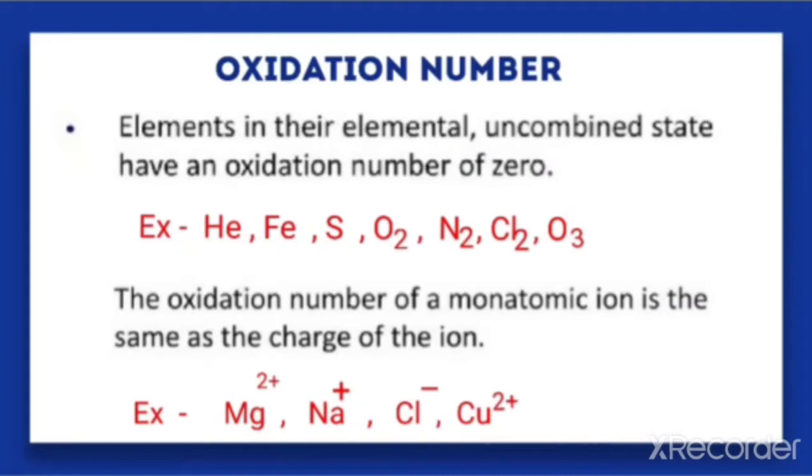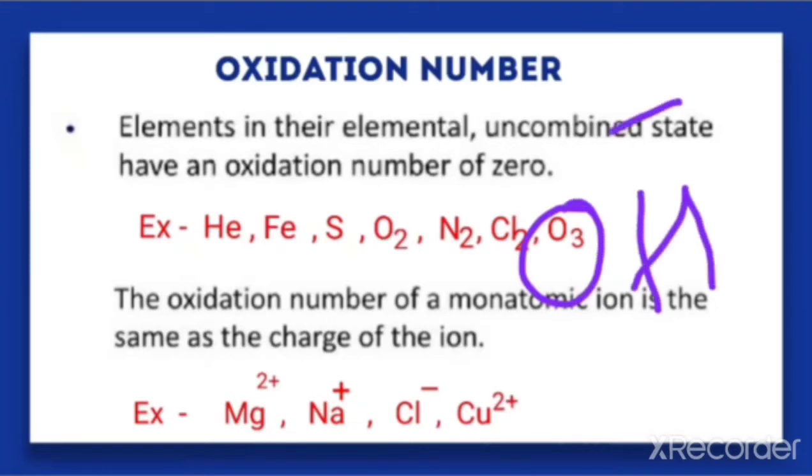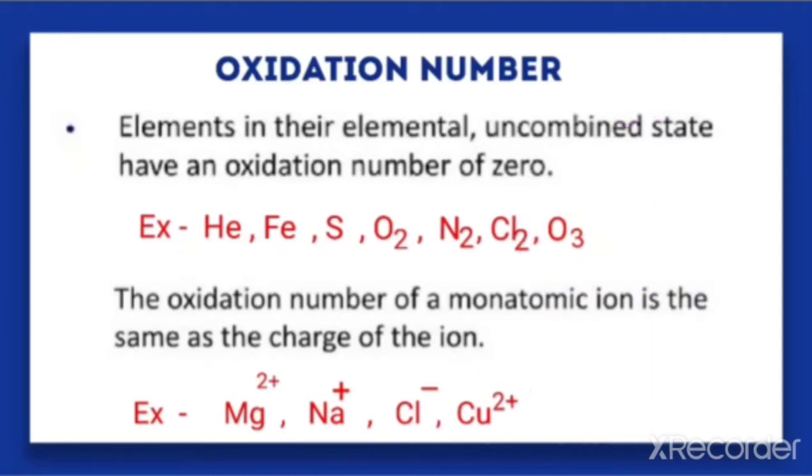But when we take the case of the hydroxide ion, OH negative, we cannot apply the same rule, because this is not monoatomic, it is a polyatomic ion. So this rule is only for monoatomic ions.